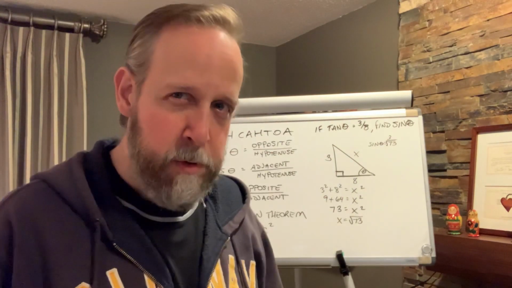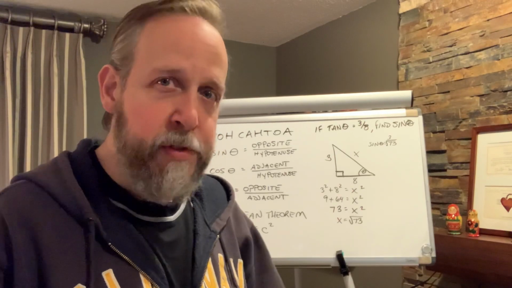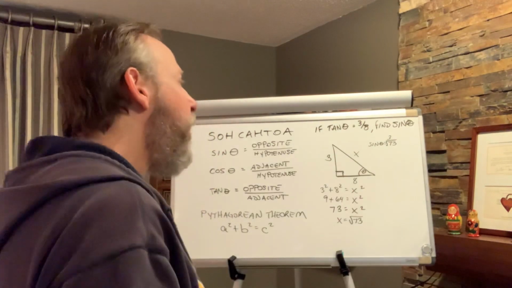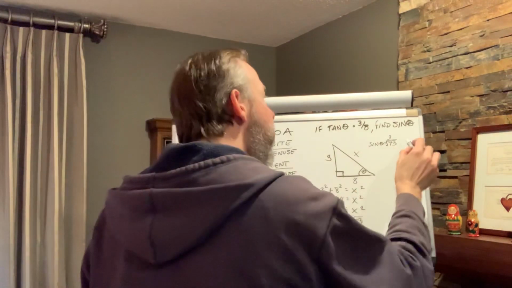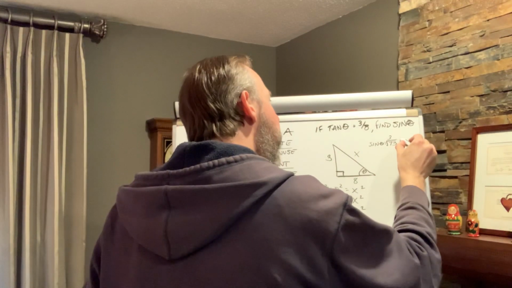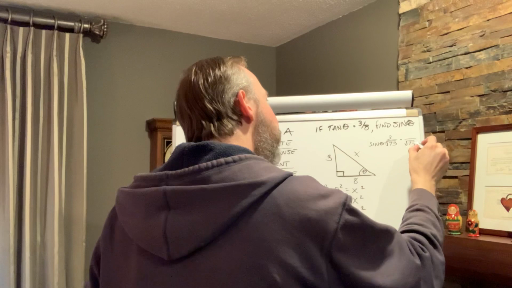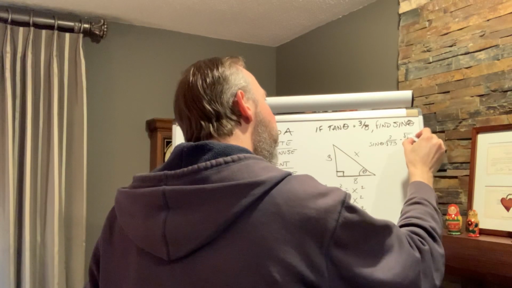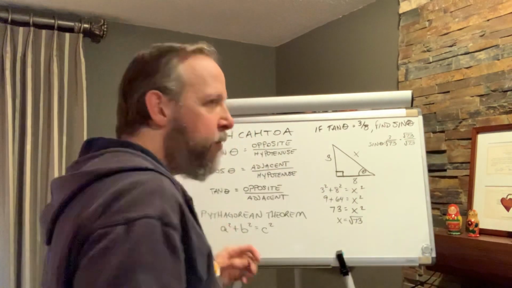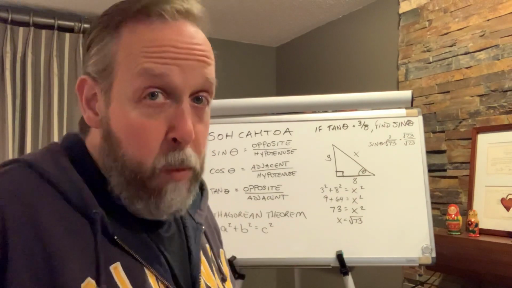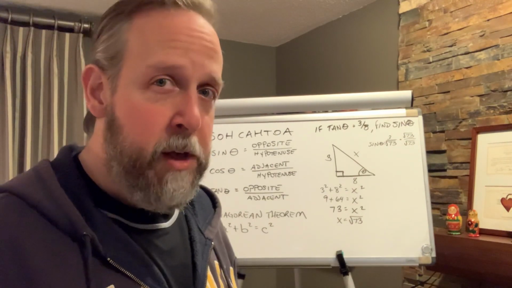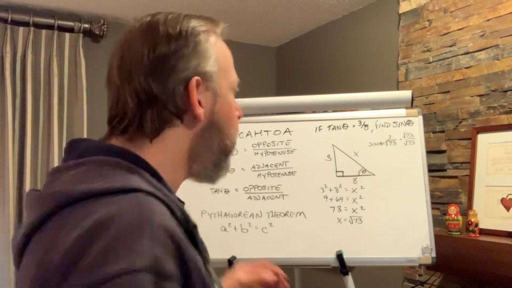We don't leave square roots or any kind of radicals in the denominator. We'd have to rationalize it. Remember how to rationalize it? I'm going to multiply by radical 73 over radical 73. That's the same thing as multiplying by 1. It doesn't change the value, it just changes the way it looks.